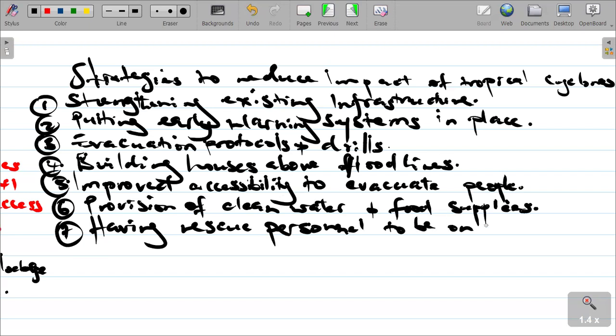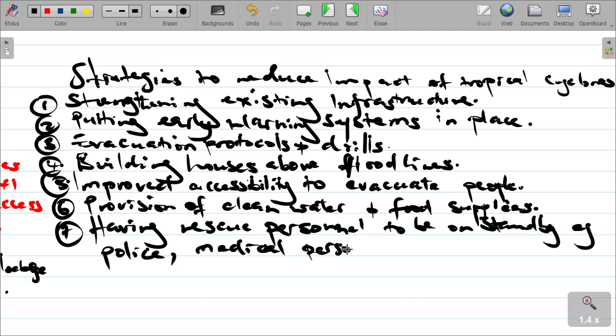For example, we can talk about police. Police can assist in this case. We can talk about medical personnel. It is quite important that we have them also on standby for them to assist.